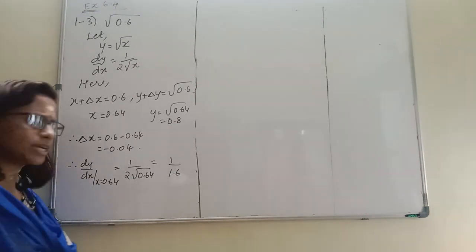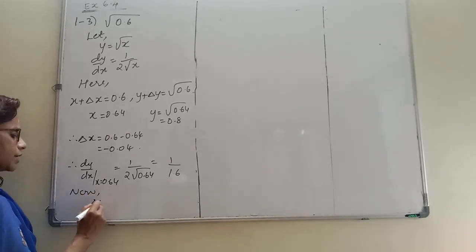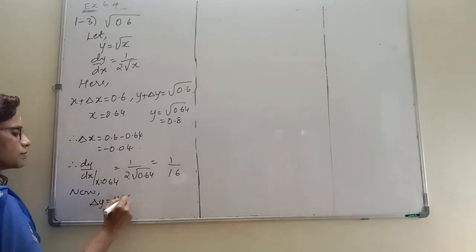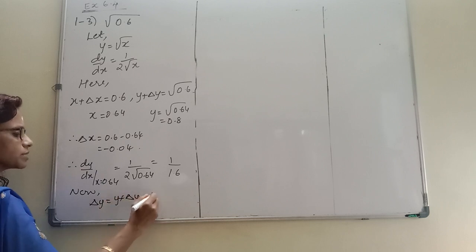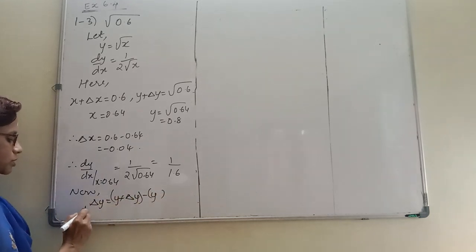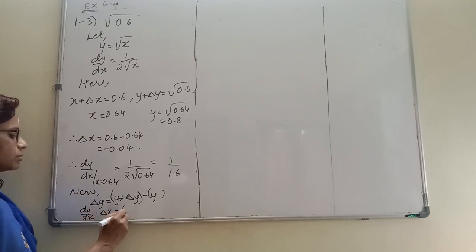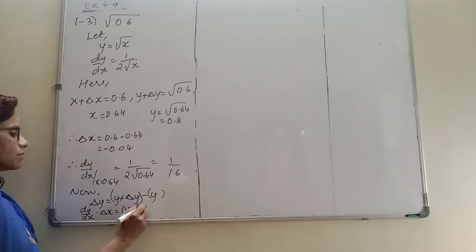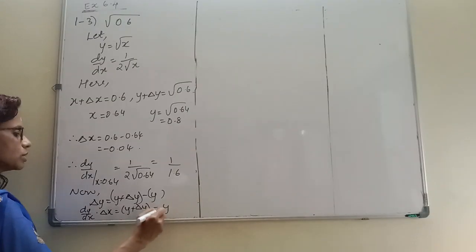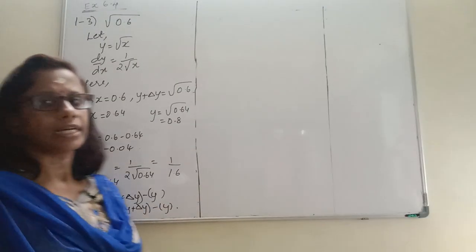Now once we are done with that, we are almost through. We know that delta y by default is y plus delta y minus y. That we all know. Now these values we know, but this can be approximated to dy by dx into delta x. Because it's an approximation, dy by dx is very close to delta y by delta x.